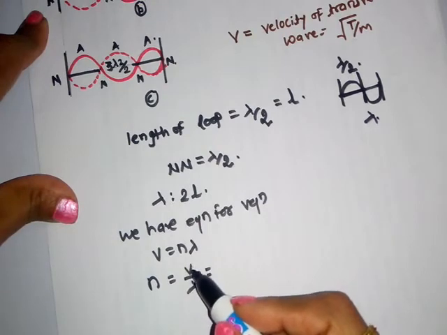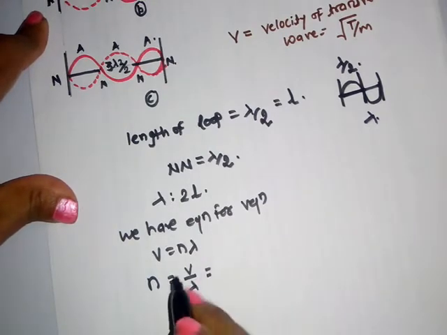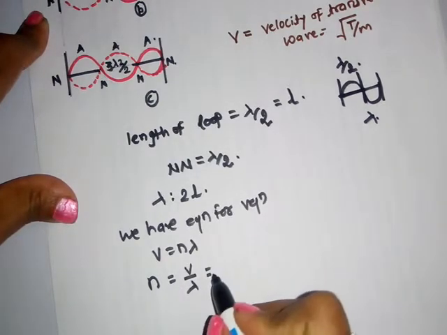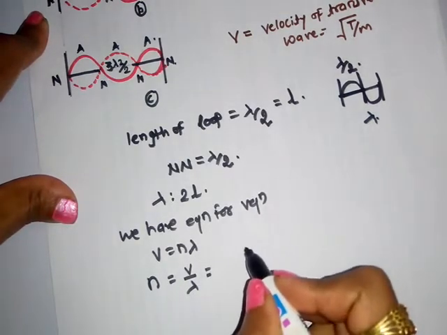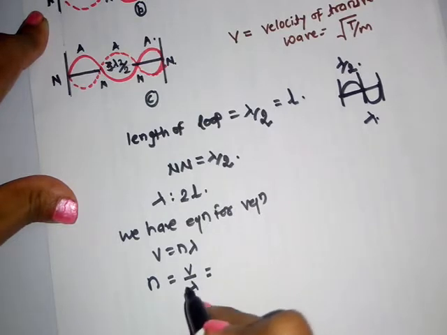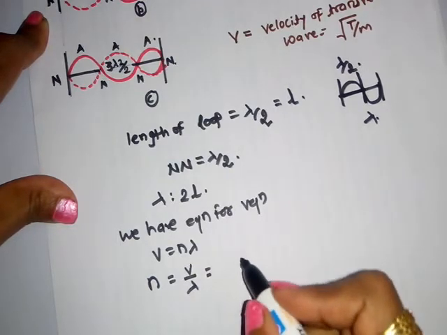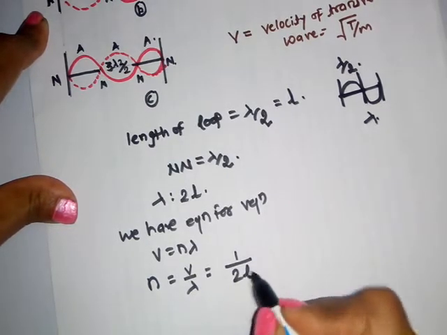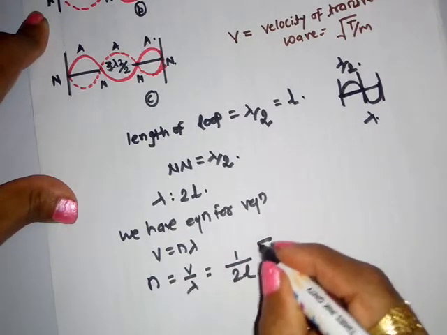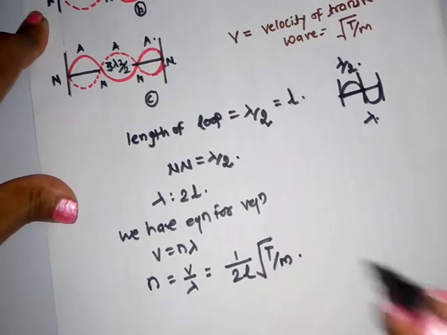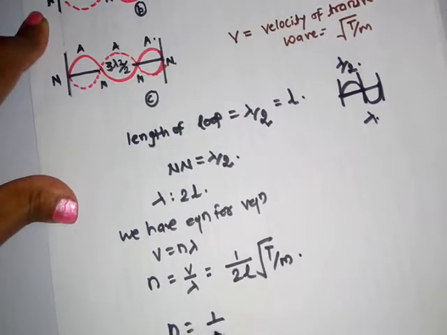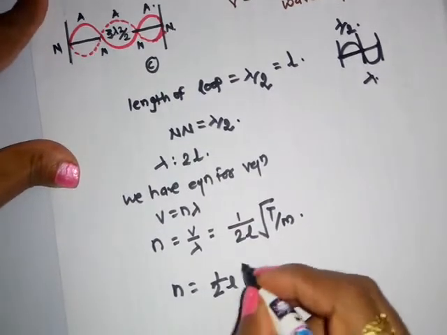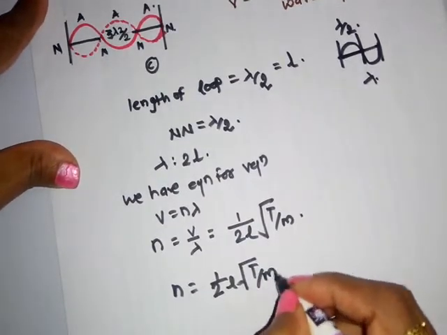After substituting the values of v and lambda, the value of n becomes n is equal to 1 upon 2L, and the value of v is root T upon m. That is, n is equal to 1 upon twice L under root of T upon m.